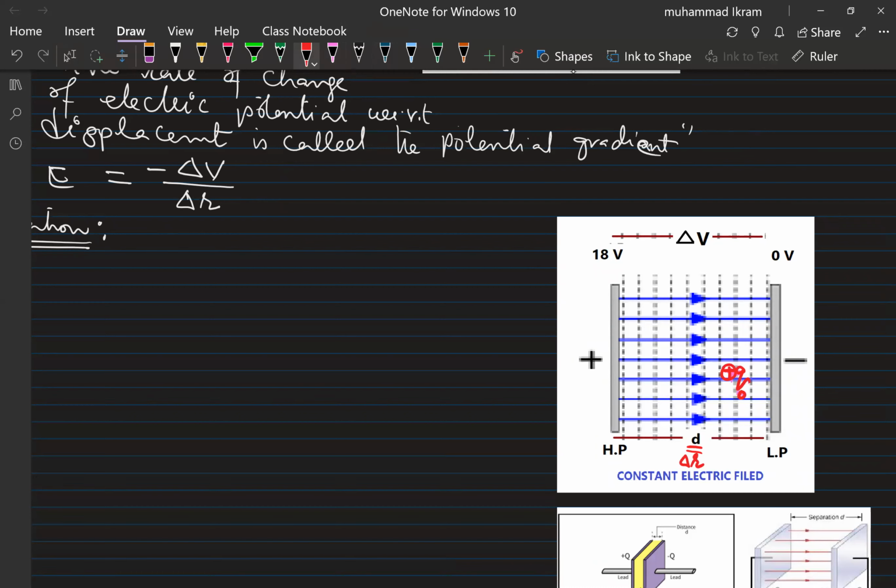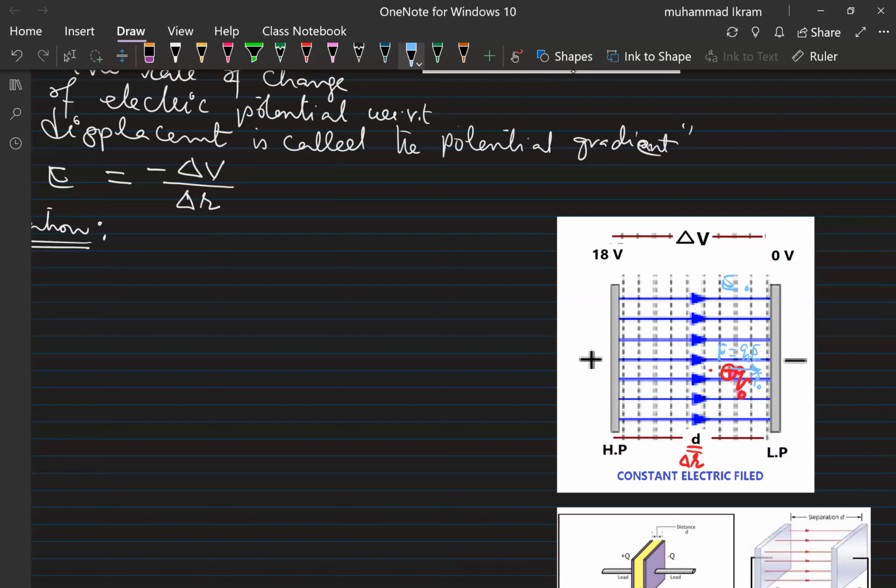The electric field intensity E is the direction shown, so the force that the charge will experience will be equal to Q naught into E. Now, in order to move the charge against the electric field, there is a force which acts in this direction, the electrostatic force.